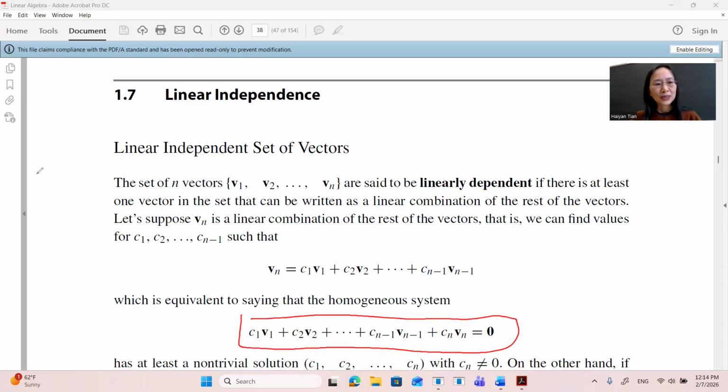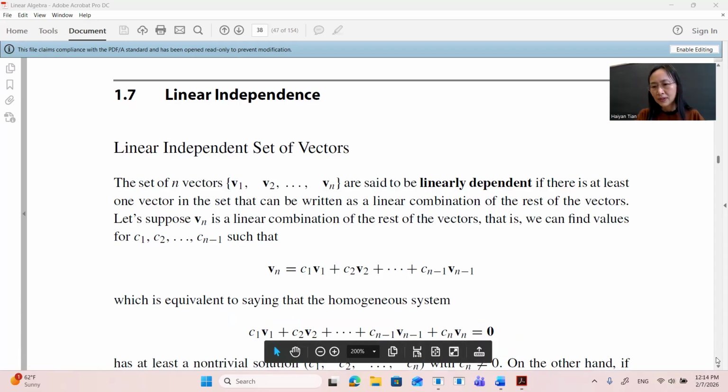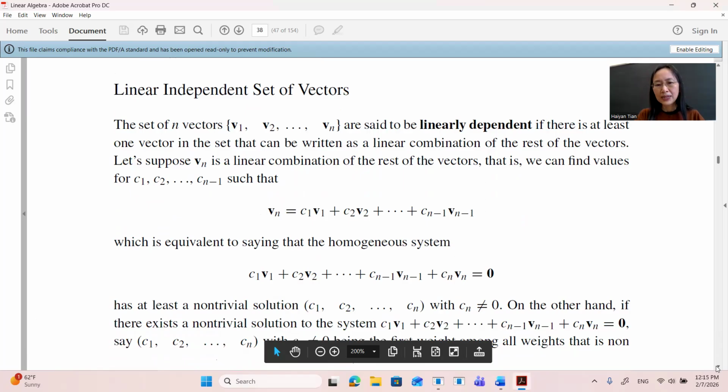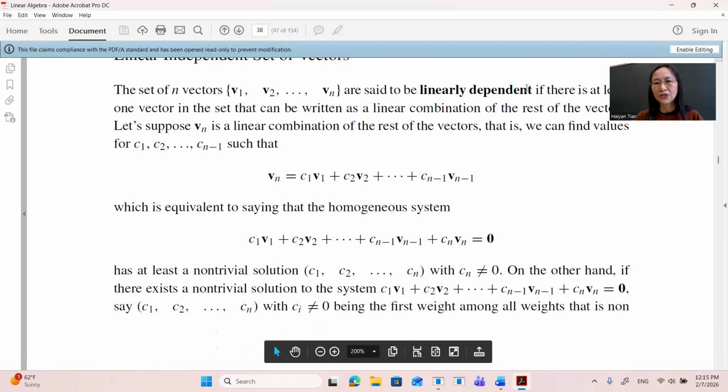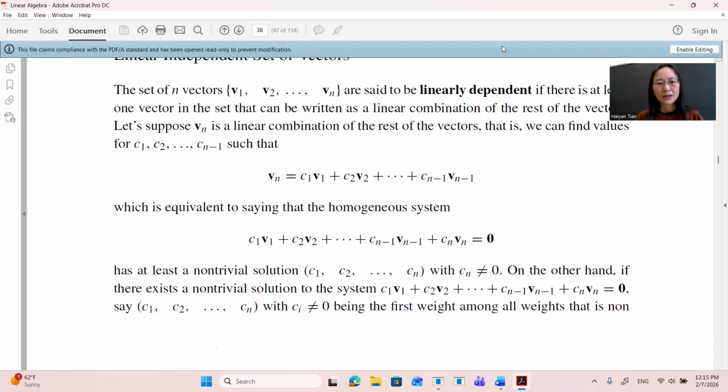So let's assume, suppose this system has at least one non-trivial solution. This is a homogeneous system that has at least one non-trivial solution.